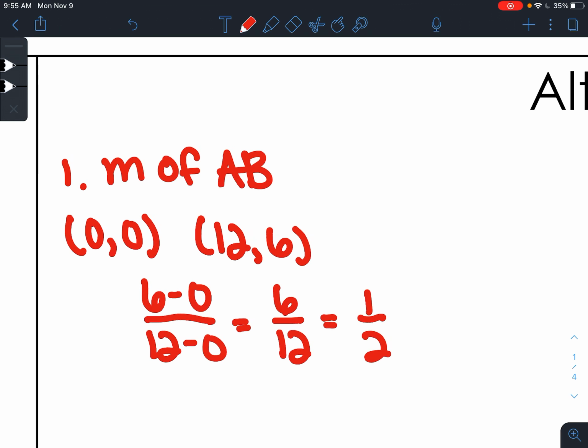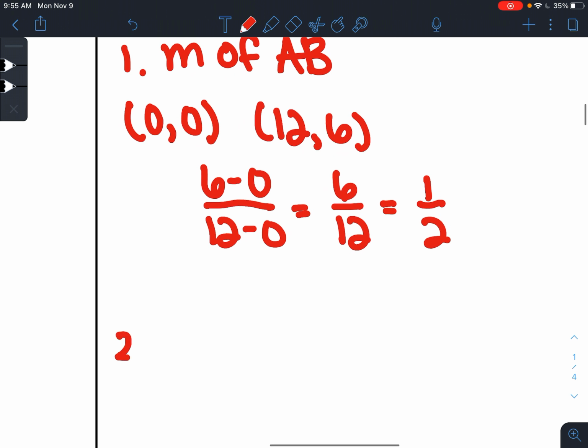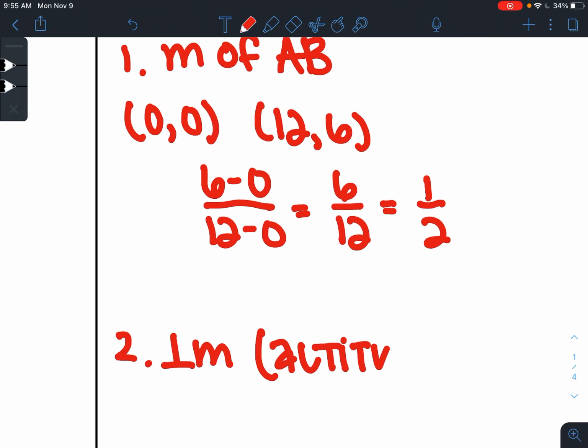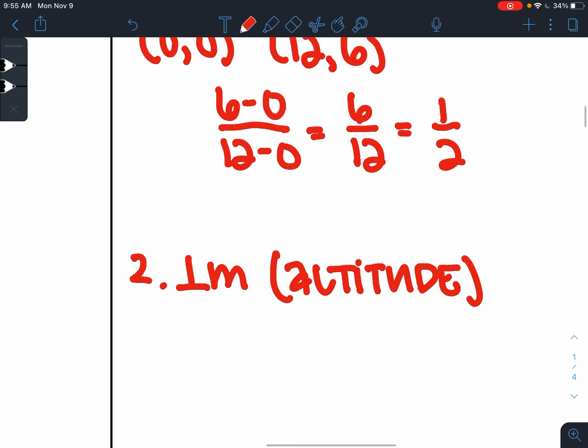Now, that's the slope of AB, but what I want now is the perpendicular slope, and that's going to represent the slope of the altitude. So the perpendicular slope to 1/2, remember, is the opposite reciprocal. So I've got to flip the fraction, flip the sign, so do the double flip. So my perpendicular slope is going to be -2.